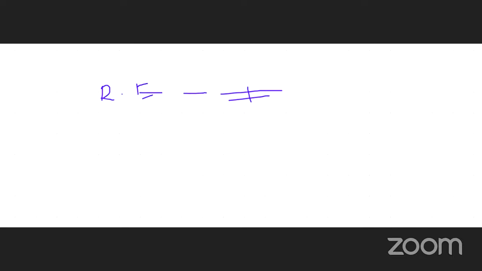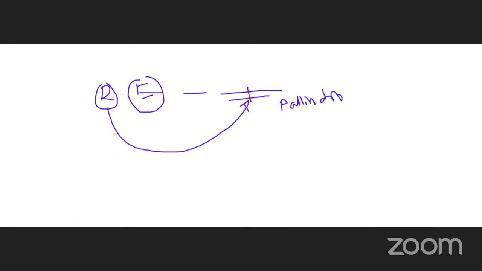Now, what is restriction? Restriction means recognizing a particular region only of DNA, a particular sequence, called a palindromic sequence. In the palindromic sequence region, they cut the DNA.